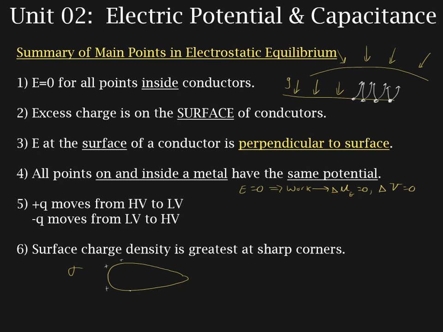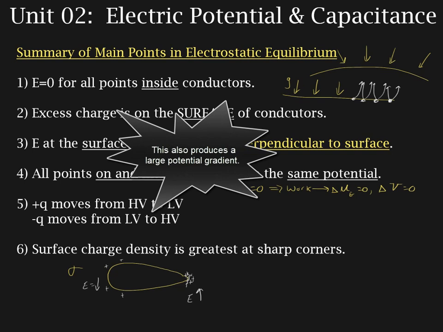If this is a conductor, they're going to be pretty spread out here on this large radius of curvature, but down here all those charges are going to be squeezed into a really small area. And so what you end up with is a very large electric field in this region here. Out here, the electric field is going to be much diminished in comparison. This large electric field means that there's also going to be a large potential difference there.